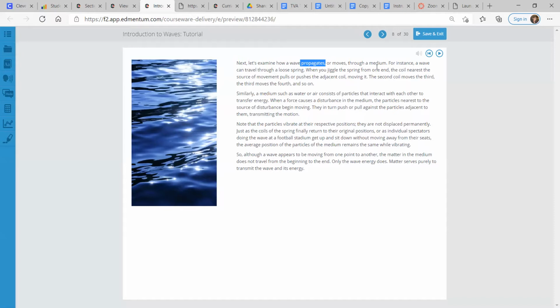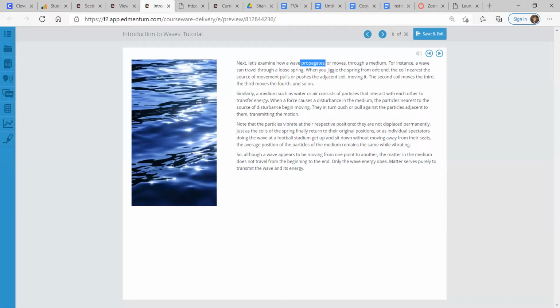Note that particles vibrate at their respective positions. They're not displaced permanently. Just as the coils of a spring finally return to their original positions, or as individual spectators doing the wave at a football stadium get up and sit down without moving away from their seats.